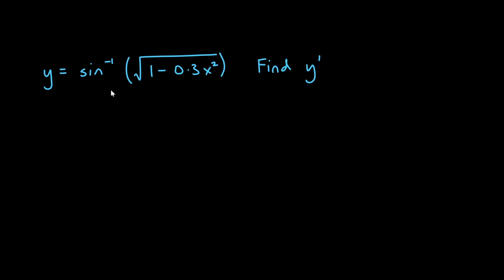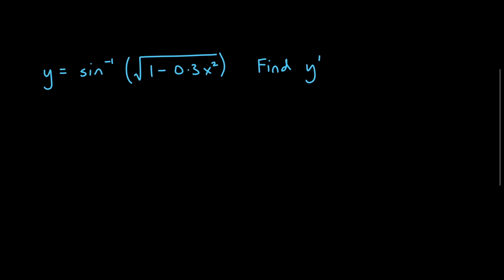We're tasked with finding the derivative of arcsin of the square root of 1 minus 0.3x squared. The way we go about solving this is by first realizing that we need to use the derivative of arcsin along with the chain rule.